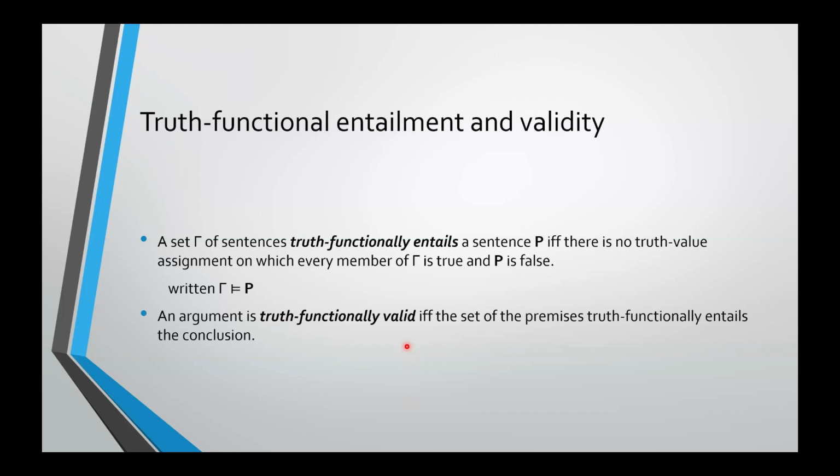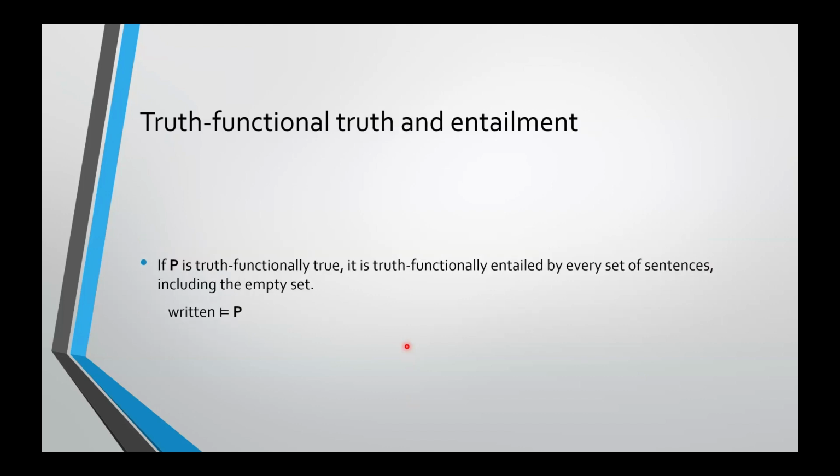One thing that's also linked to this is truth functional truth. So remember way back when we were talking about special cases of validity, and we noted that if a sentence is a logical truth, then if it's the conclusion of an argument, the argument is automatically valid.